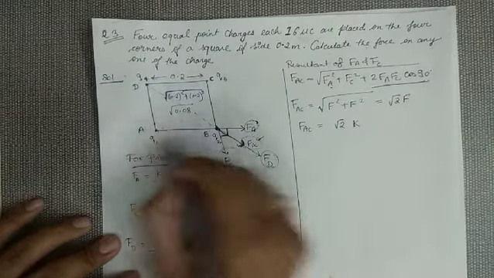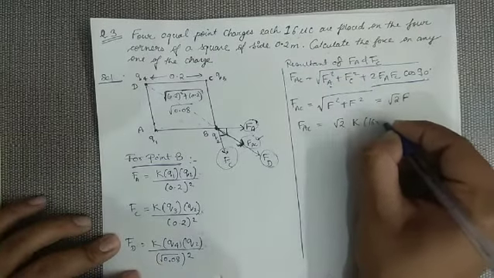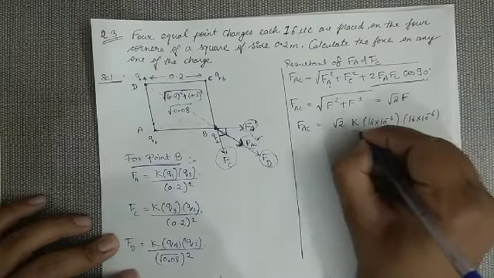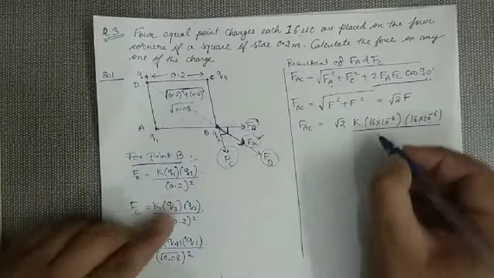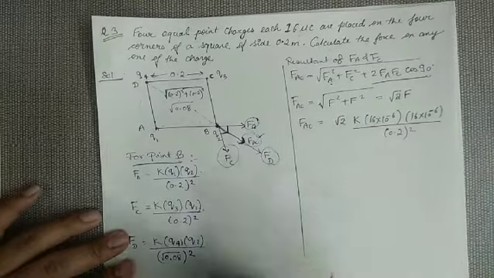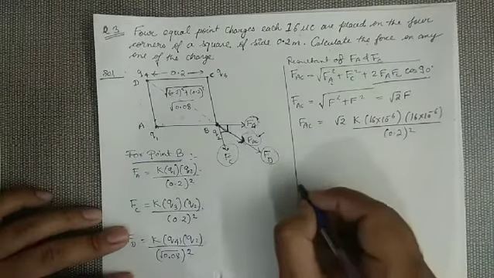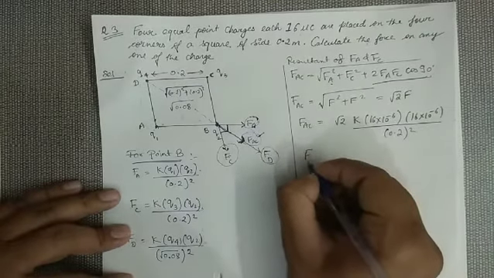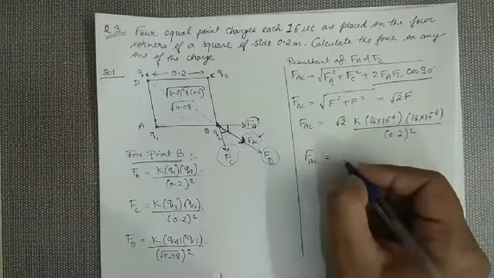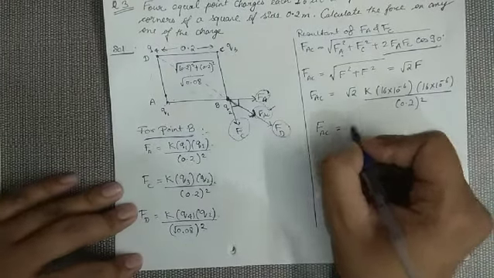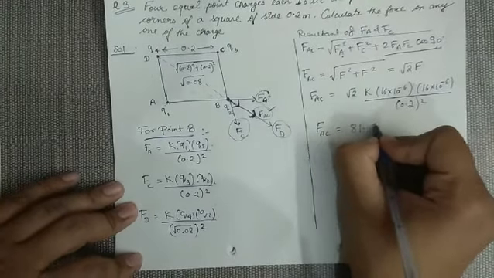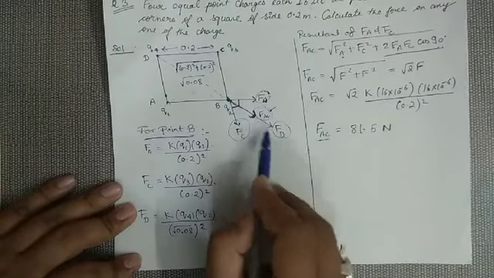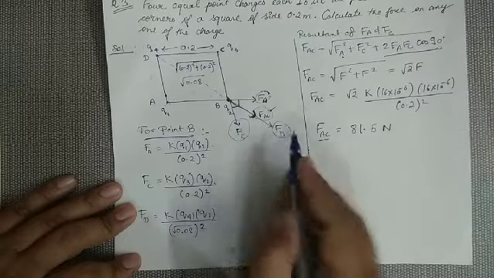As we know that all charges are 16, F is K times 16 microcoulomb into 16 microcoulomb upon the square of the distance, that is 0.2 square. On solving, the value of FAC will be something about 81.5 Newton, and this FAC is acting in the direction of FD.